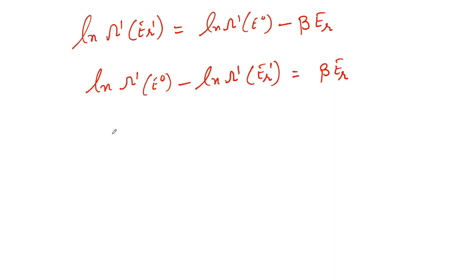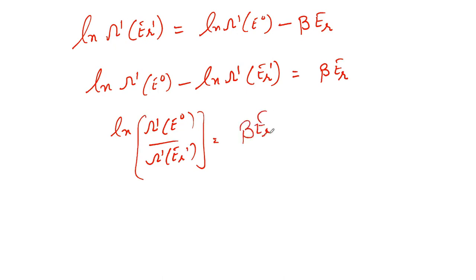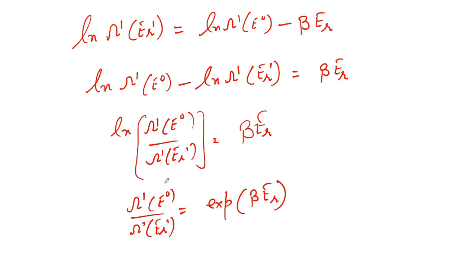Now the minus sign of log, this comes into the denominator, so we can write it as omega dash E naught over omega dash ER dash, that is the exponential function of beta into ER. So this beta into ER is the connection between the temperature and the energy value of this system.